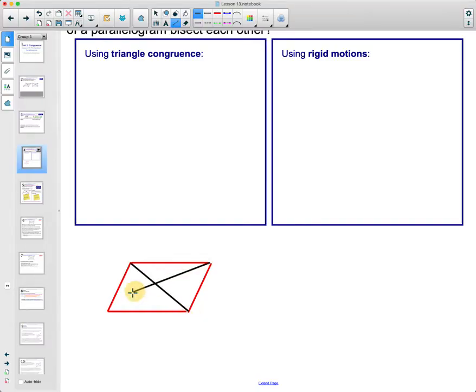And what we want to do is prove that those diagonals bisect each other. So let's put some letters here to help us. We've got A, B, C, D, however you want to do that, and then let's just call the intersection M.